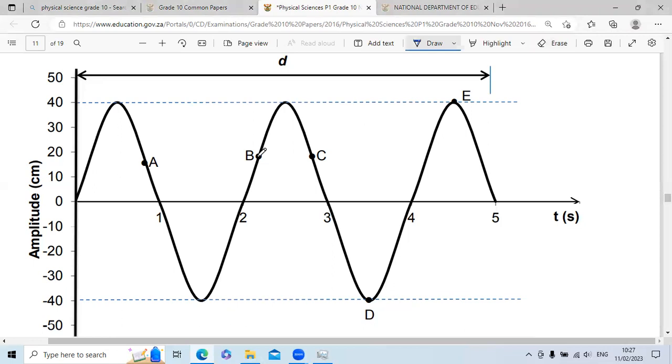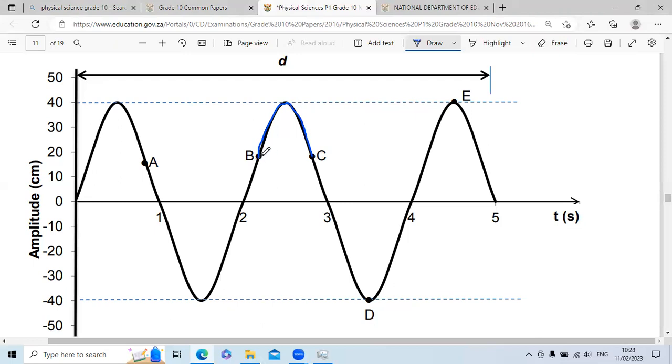So you're going to look at B and C. If you look at B and C, does it look like it's a full wave? Just from your perspective, just from what I showed you, does it look like it's a full wave?